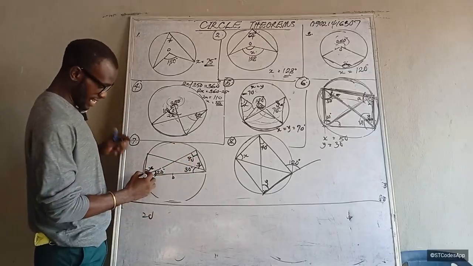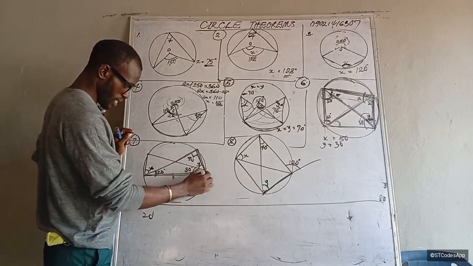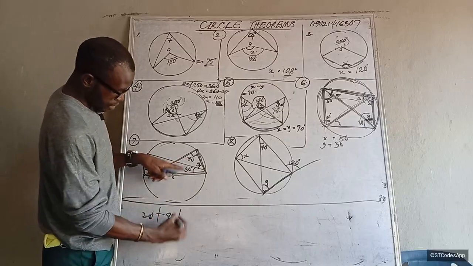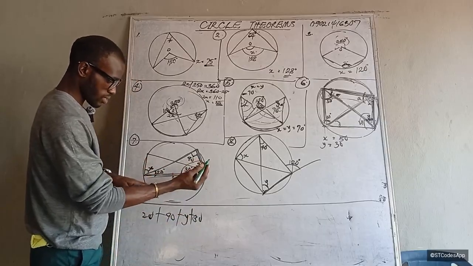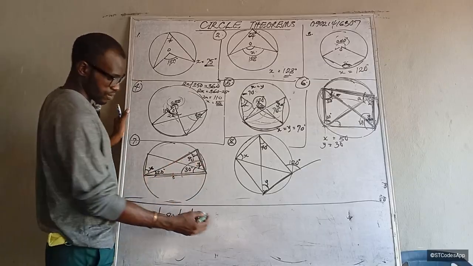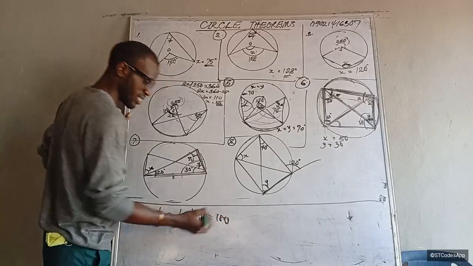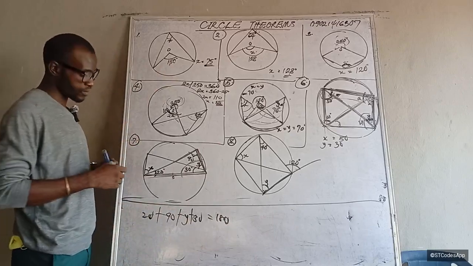So in this triangle, 20 plus 90 plus y plus 30. Do you understand now? There are three angles in this triangle. Sum of angles in a triangle is what? 180. See the video in the description if you don't understand triangles and lines.